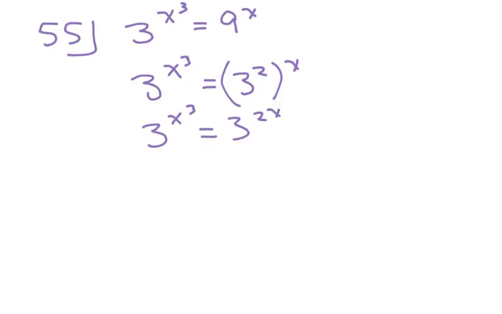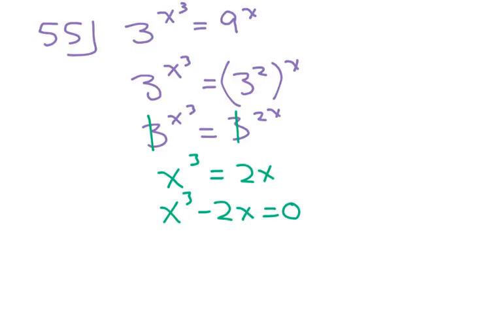Now, since my bases are the same, we really don't have to look at those because we're really solving for x. So we get x cubed equals 2x, which I'm going to, anytime you have a cube or square, you want to set this to 0. And we're going to pull out an x, and we get x times x squared minus 2 equals 0.